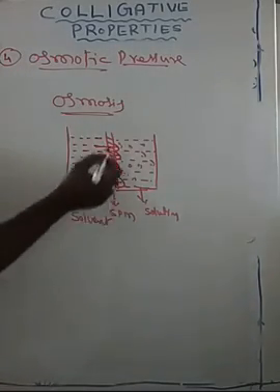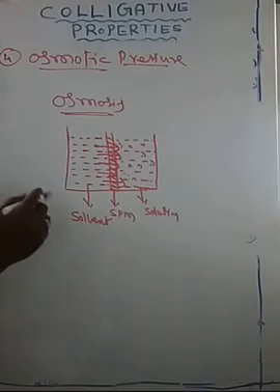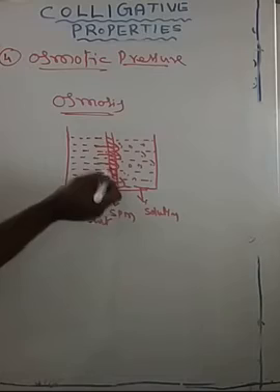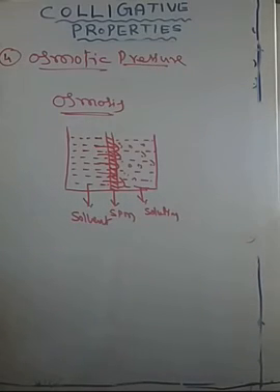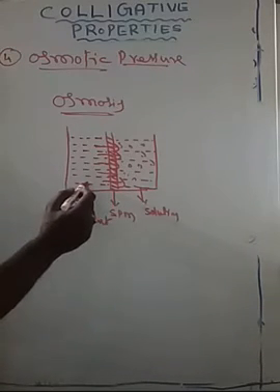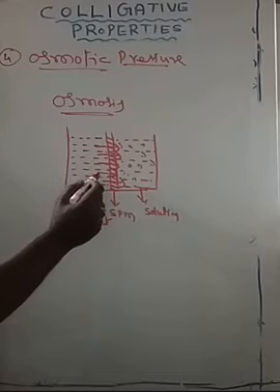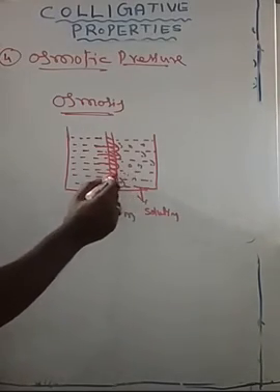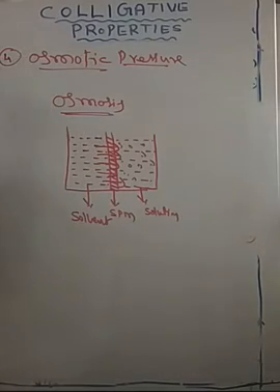This membrane allows only solvent molecules, but not the solute particles, because the size of the solute particles is generally more than that of the solvent. That's why the membrane allows only solvent particles. Therefore, the flow of solvent particles from solvent to solution through a semi-permeable membrane is called osmosis.